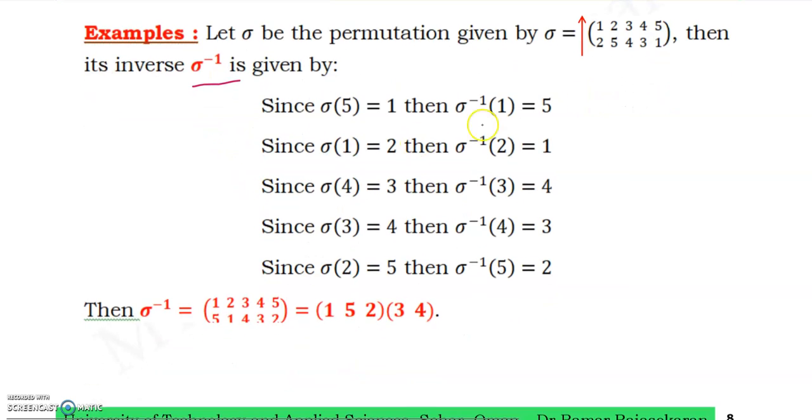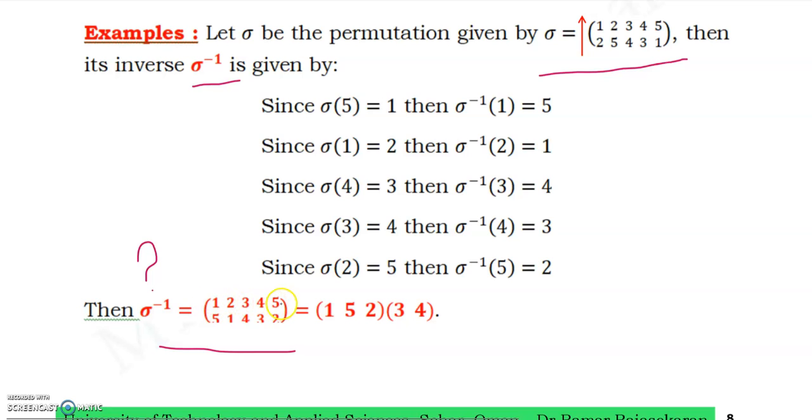Now you see here, this is the given permutation, sigma. I want to write sigma inverse. How do I write sigma inverse? As you know, in the first row you just write the elements which are in the set. Similarly here also, you write 1, 2, 3, 4, 5.